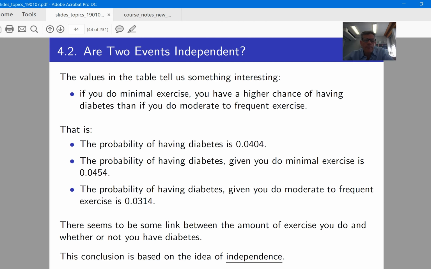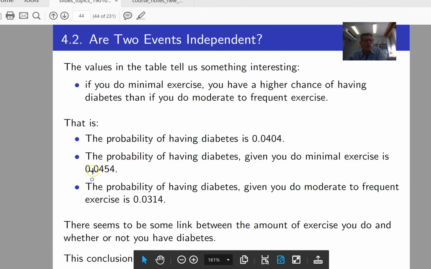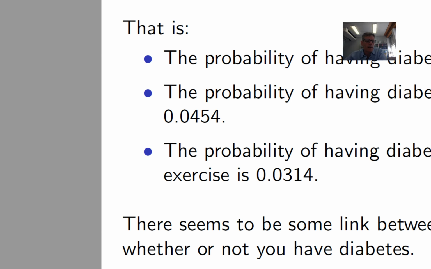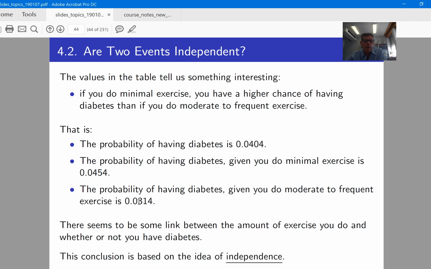So we see that kind of conversation written out here. The probability of a person having diabetes is 4.04%. The probability of having diabetes, given that you do minimal exercise, is actually bigger. So if you do minimal exercise, you are more likely to have diabetes. If you do moderate or frequent exercise, you're actually less likely to have diabetes.